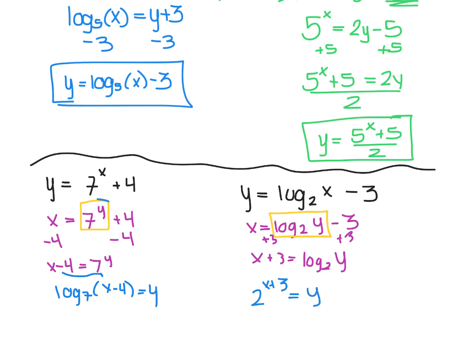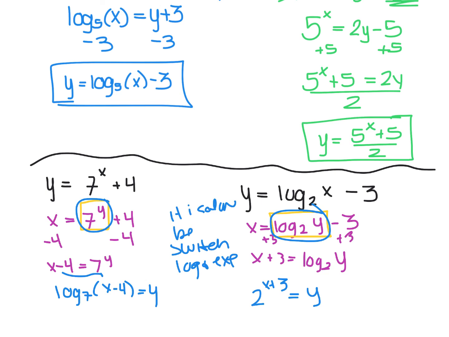But notice that I had to get the piece that had a logarithm or an exponential alone first in order to use that property where I can switch between log and exponential. So make sure it is alone before you use the switch for log or exponential.